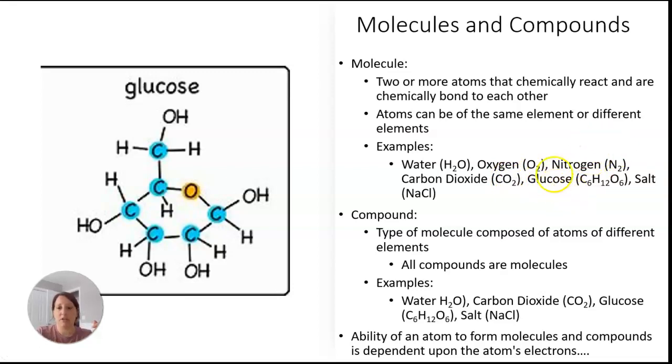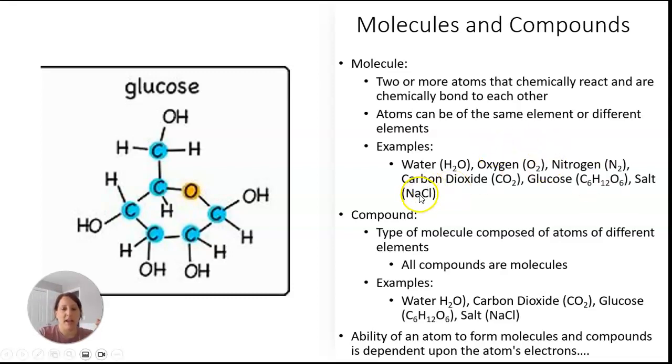Here's an example here, glucose, which is actually pictured over here on the left. Glucose is C6H12O6, and so 6 atoms of carbon, 12 atoms of hydrogen, and 6 oxygens make up this molecule. Salt, which is sodium chloride, NaCl.